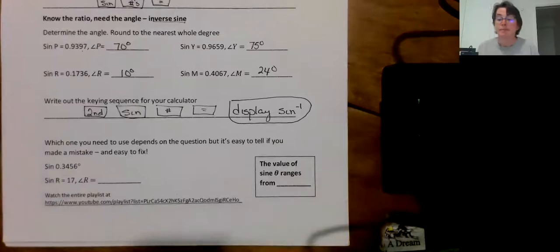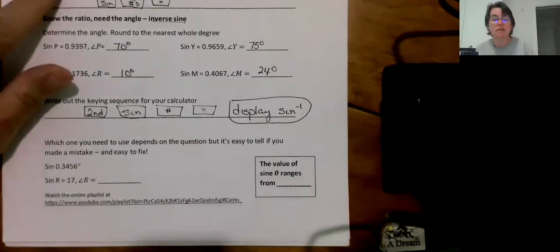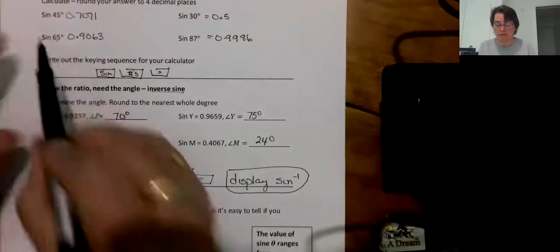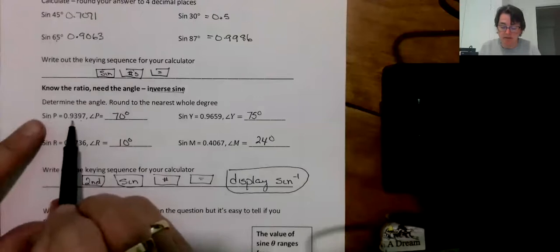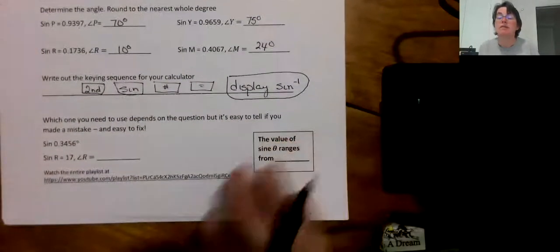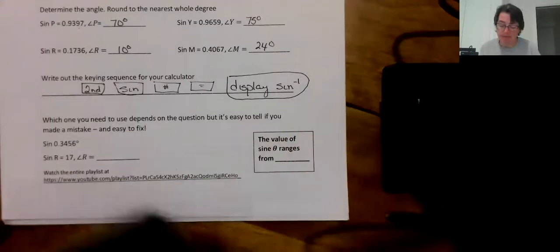So, how do I know when I'm supposed to press sine and when I'm supposed to press second sine? Well, if you have the angle, like here, then it's just plain sine. If you don't have the angle, you press second sine. But sometimes you get stressed out and you can't remember that. Well, here we go.